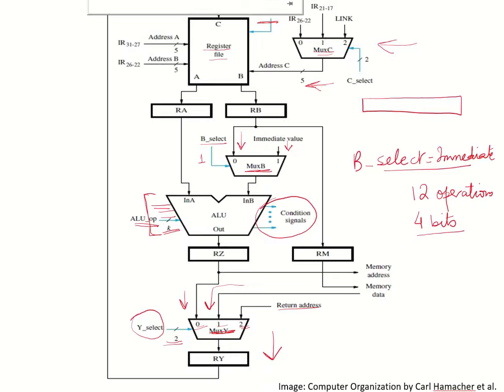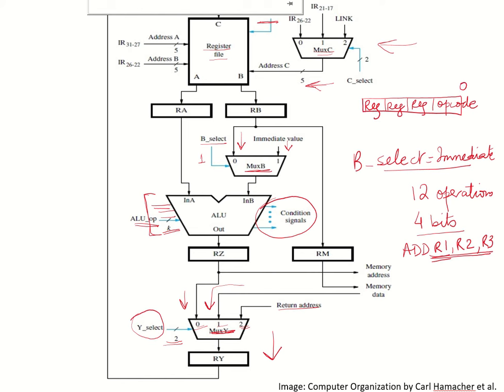Suppose the instruction was add R1, R2, R3. In case this is a 3 address instruction, the format of the instruction would be opcode and a register address over here, a register address over here, and a register address here.